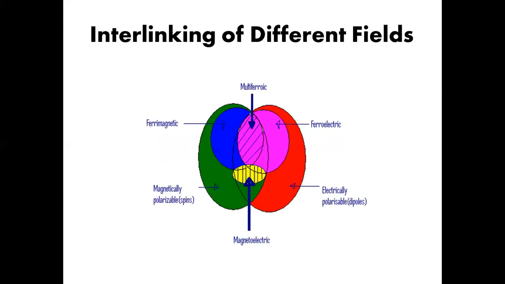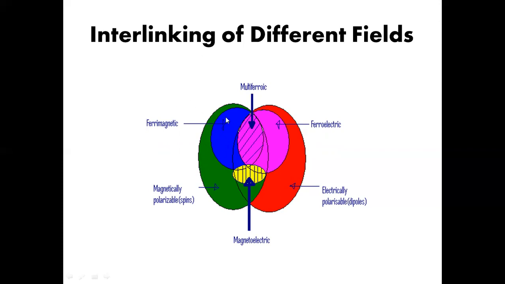So, interlinking of different fields. Let us see what the interlinking of different fields is. You can look at this diagram. This green color circle consists of the magnetically polarizable spins, or the magnetic dipoles. We can say that the magnetic dipoles are present here.